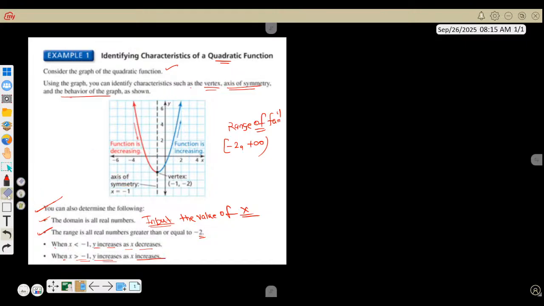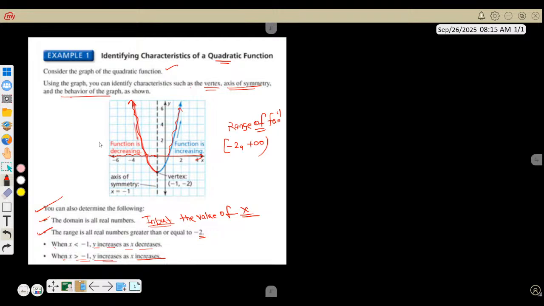You can see in the left side from this point, if your x is decreasing, then your graph y is increasing. And in the right side, if your x is increasing, then the graph is also increasing. You are getting my point?